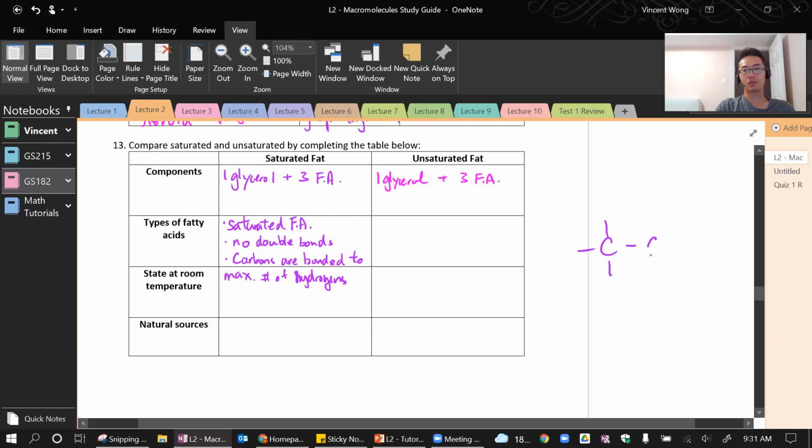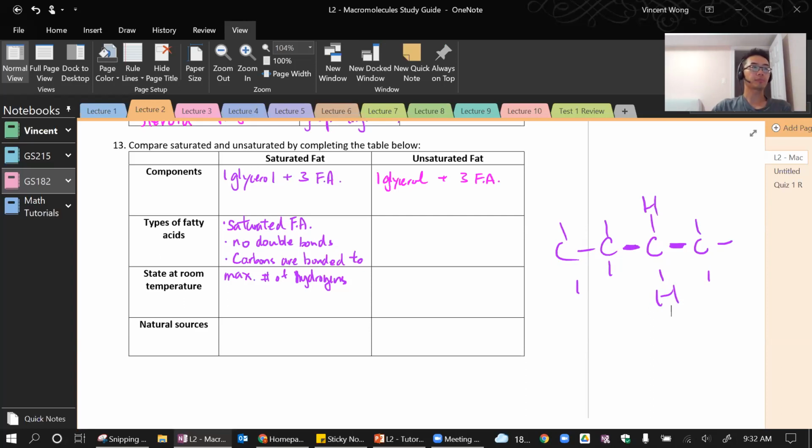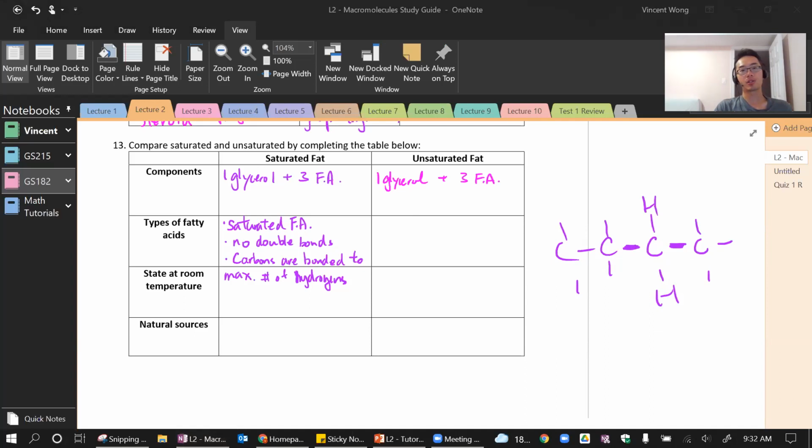If you have two carbons next to each other, this carbon right here will take up one bond with one carbon and another bond with another carbon. So it has two more slots, and both of those slots will be hydrogen. Now it's saturated. There's no more spot for more things to bind to it, so it's bound to the maximum number of hydrogen. We call that saturated fat.